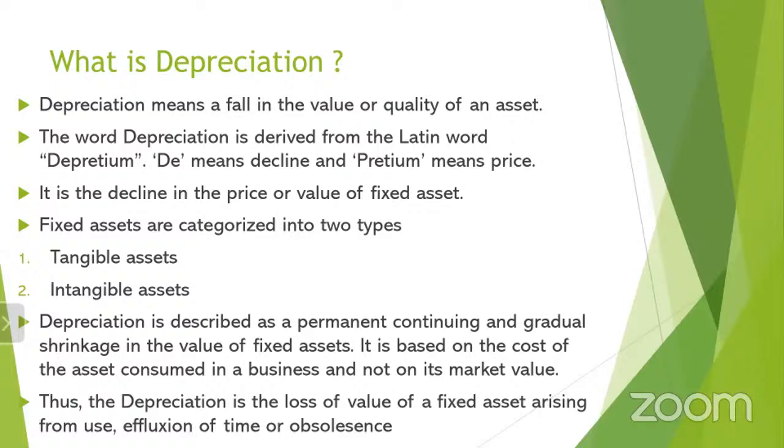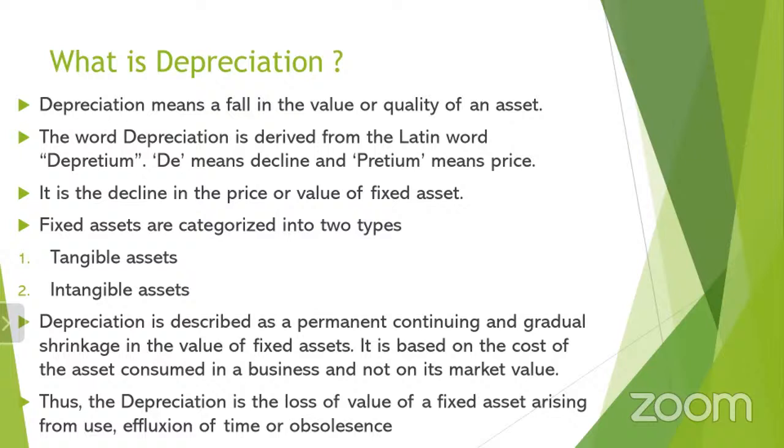The other type is intangible assets. Intangible assets don't have physical existence; they are opposite to tangible assets. For example, patents, copyrights, trademarks, goodwill, etc. These are the intangible fixed assets of the business.